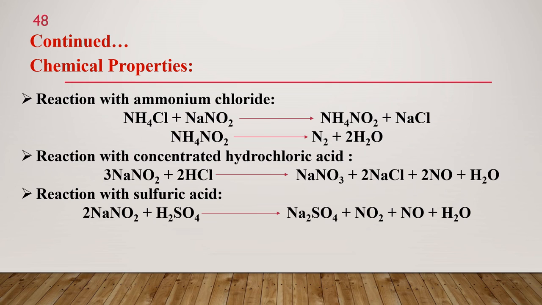Then the reaction with hydrochloric acid: sodium nitrite reacts with hydrochloric acid under boiling conditions to produce sodium nitrate, sodium chloride, nitric oxide, and water. Sodium nitrite reacts with sulfuric acid to form sodium sulfate, nitrogen dioxide, nitric oxide, and water.